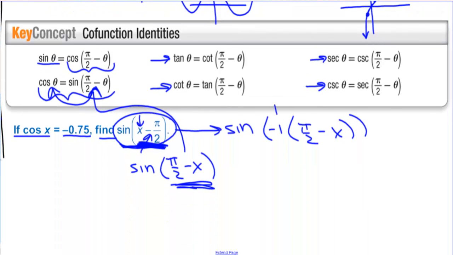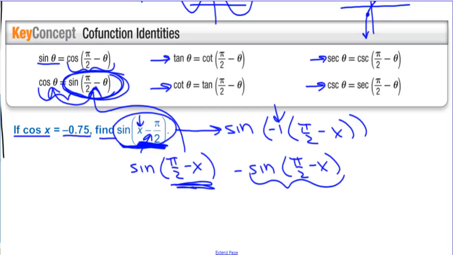So I can take this negative that's on the inside and I can move it to the outside. So then I'll have pi over 2 minus x, and that's exactly what we wanted. We wanted sine of pi over 2 minus x, or minus theta. And we can change this piece right here to cosine of x. Well, now the cosine of x is equal to negative 0.75, and the opposite of that is 0.75. So the answer is 0.75.